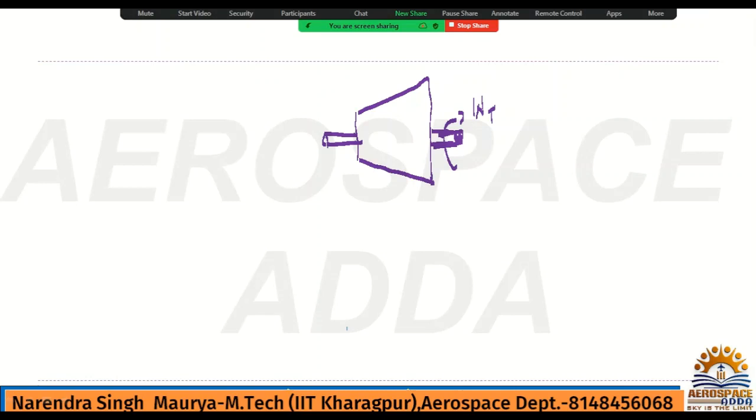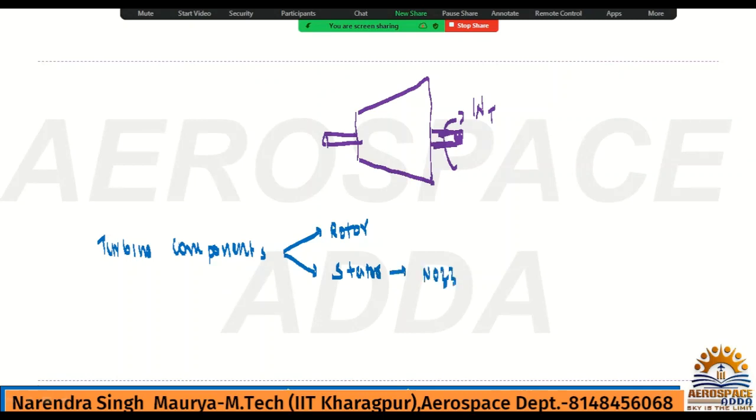Now, here the turbine components: these are obviously the rotatory part, which is the rotor, and the stationary part, which is the stator. This stator is sometimes called the nozzle.